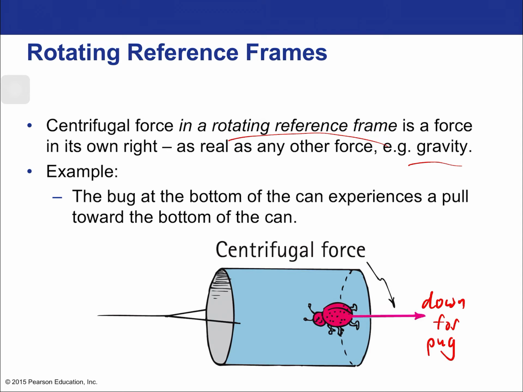Now, from the outside, we can say, oh, well, that only appears to be down to the bug because the bug is in a rotating reference frame, okay? But that has the advantage of looking from the exterior into the system. From the interior of the system, it does appear to be a real force, okay? But it only appears to be that real force, okay?